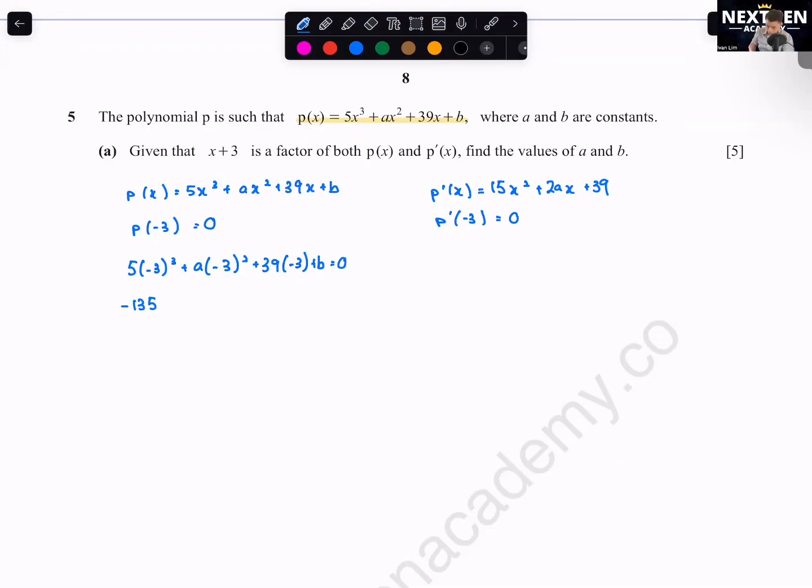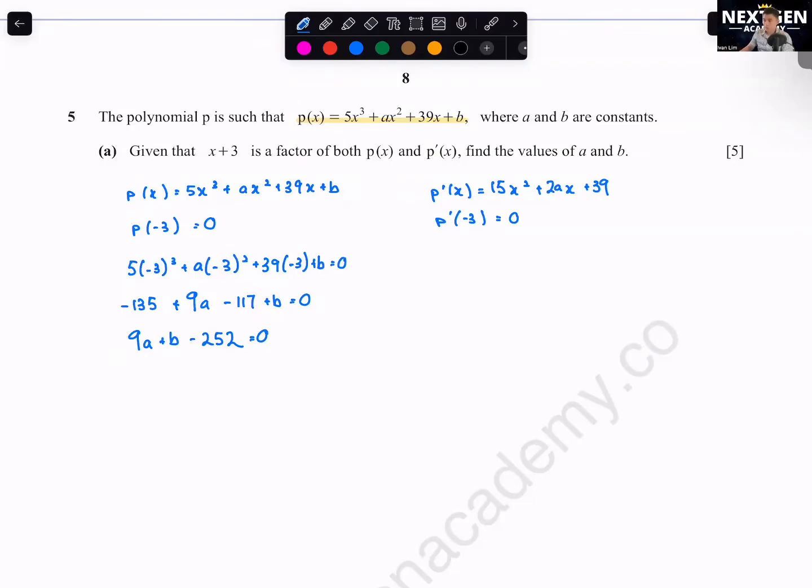Negative 135 plus 9a minus 117 plus b equals to 0. Okay, then we can write it as 9a plus b minus 252 equals to 0. Okay, this is the first one.